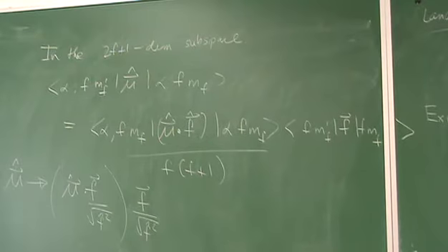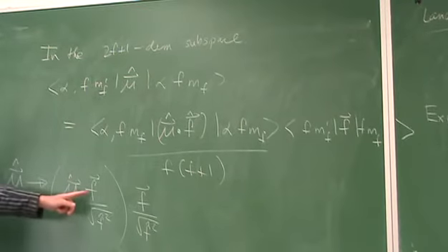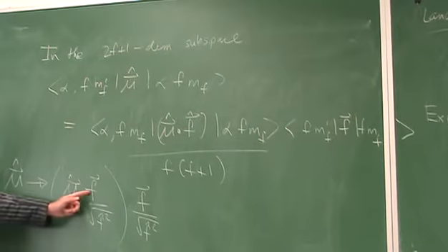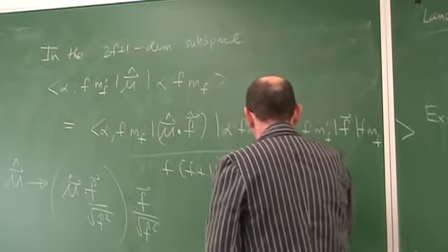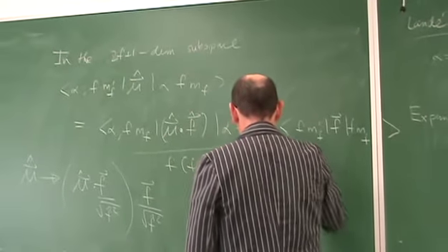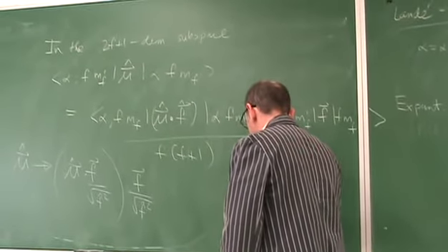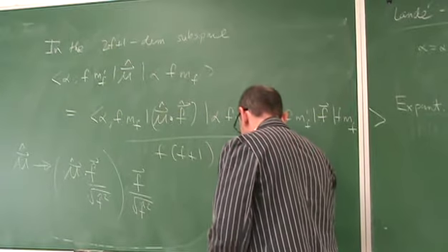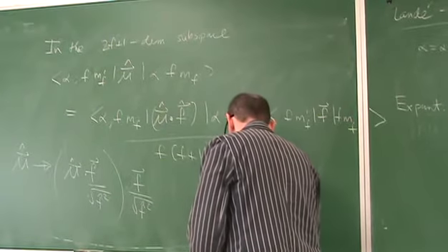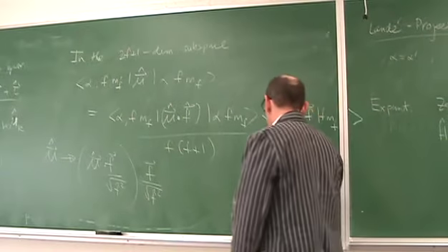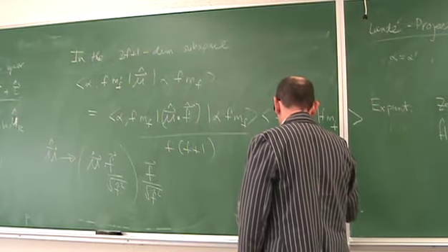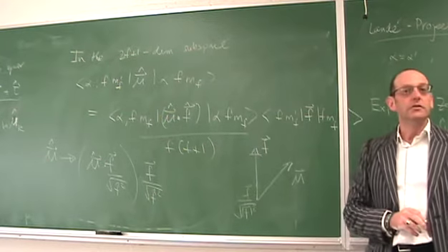Let's think about what this means geometrically. Geometrically, what is this? Well, I can think about this as a unit vector along the direction f. So here's a classical vector f. Here's the unit vector f divided by the magnitude, the square root of f squared. Here's the vector mu.